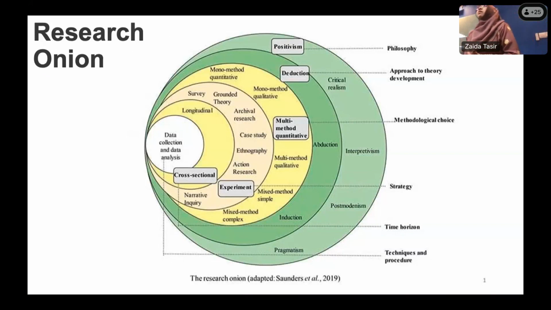Although some of us might not be familiar with research philosophy, the two popular research philosophies that you should know are positivist and interpretivist. If you focus on quantitative research, you are more reflecting positivism. If you focus on qualitative research, you are focusing more on interpretivism because you would like to interpret the findings. Okay, that is in terms of the philosophy.